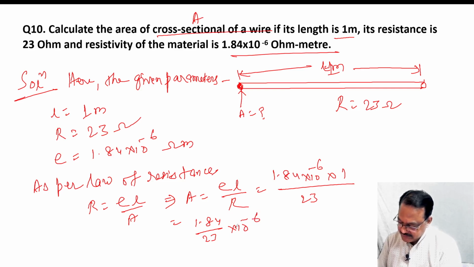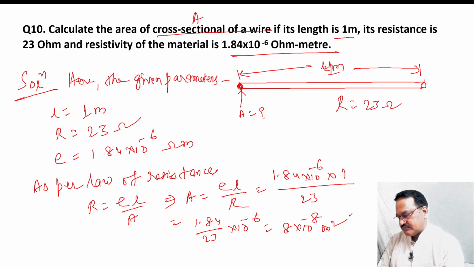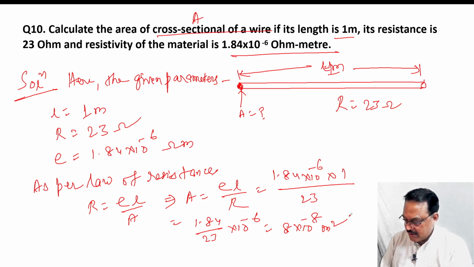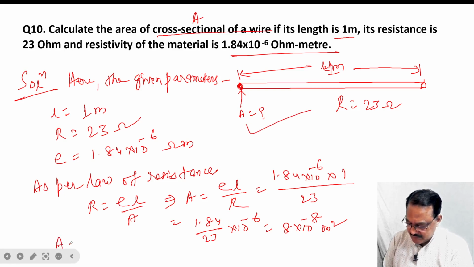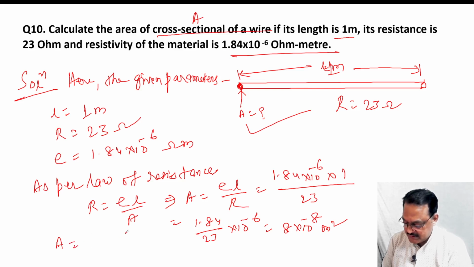Just divide this value, simplify it, and it will come out to be 8 into 10 to the power minus 8 meter square, because we have calculated the cross sectional area. So the cross sectional area of this wire is 8 into 10 to the power minus 8 meter square.